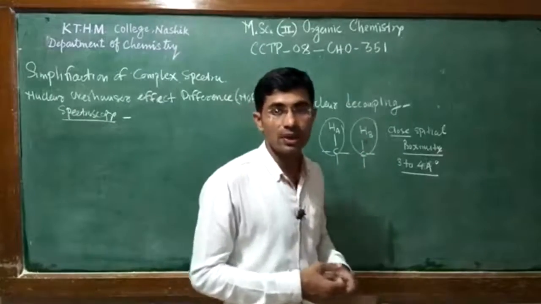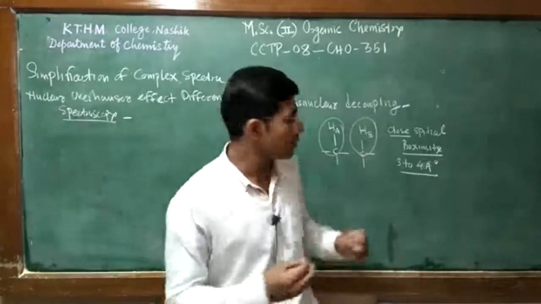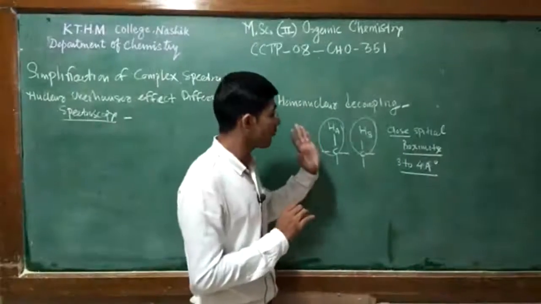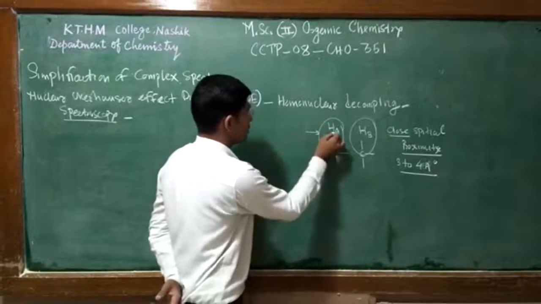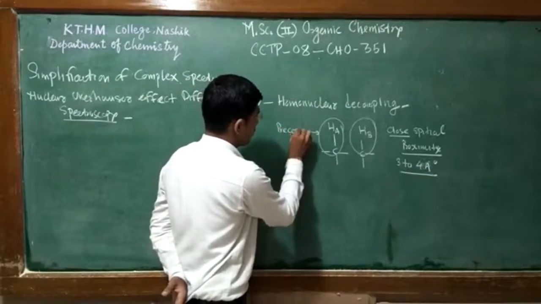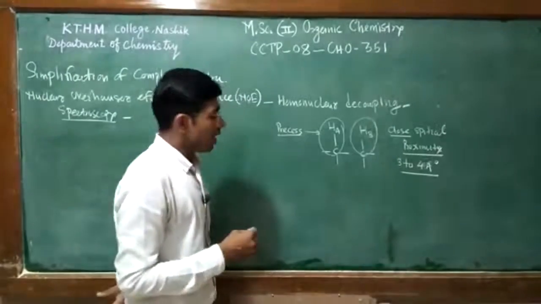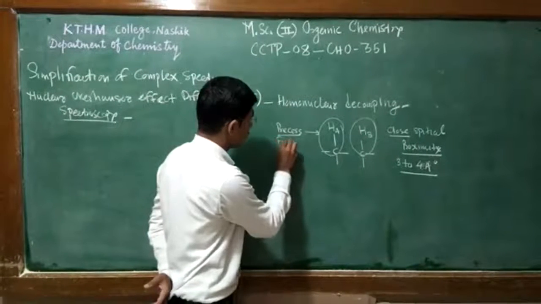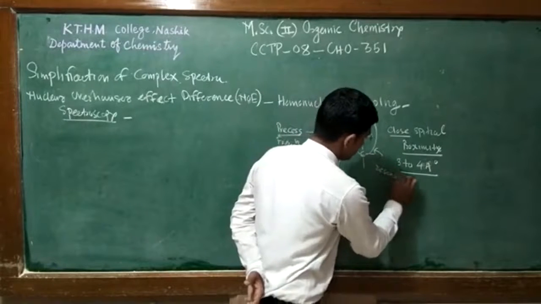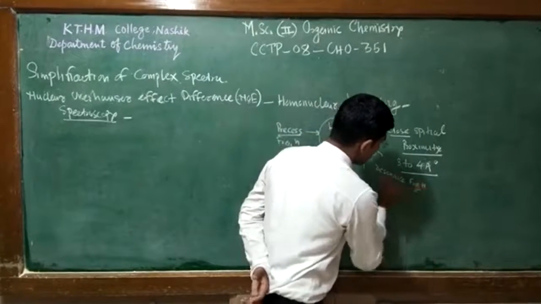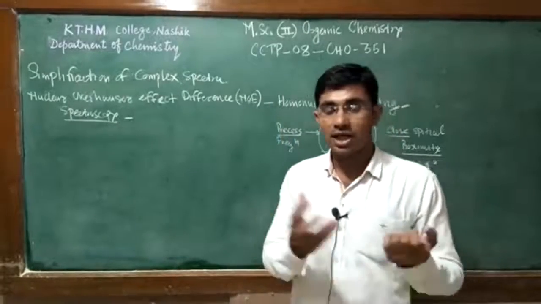The dipolar mechanism is nothing but this: when you apply the magnetic field to both protons, they show precession motion, and because of that they produce an oscillating field. When the frequency of the oscillating field exactly matches the resonance frequency of the second proton, they transfer energy to each other.